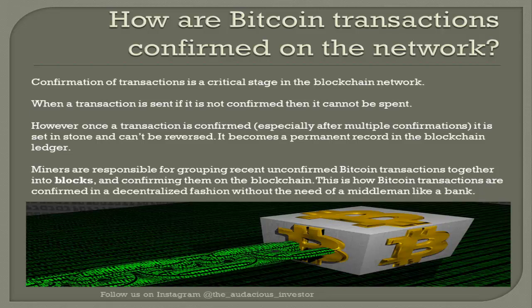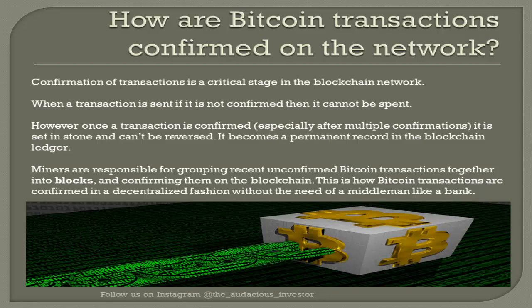This is how Bitcoin transactions are confirmed in a decentralized fashion without the need of a middleman like a bank. As you know, we do not need a bank with Bitcoin in order to confirm a transaction. In Bitcoin, miners are responsible for that and they do it in a decentralized manner.